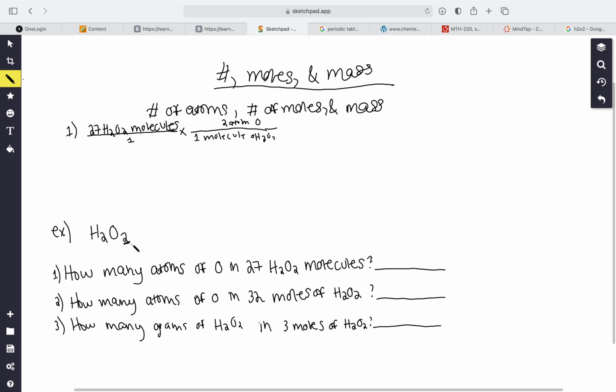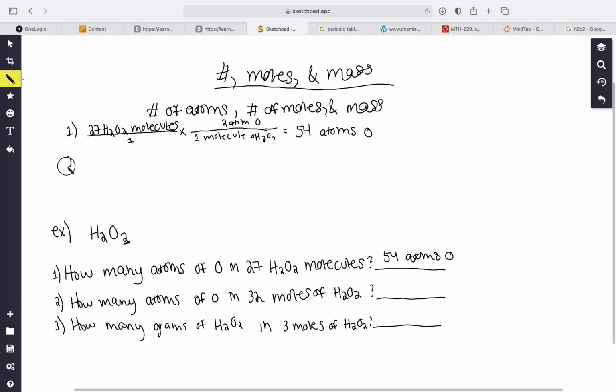And we know that because right here it tells us that there's 2 oxygen in each molecule. So we're going to do that math, and it is going to be 54. 2 times 27 is 54, and then we're going to write atoms of oxygen. So we're going to write 54 atoms of oxygen.